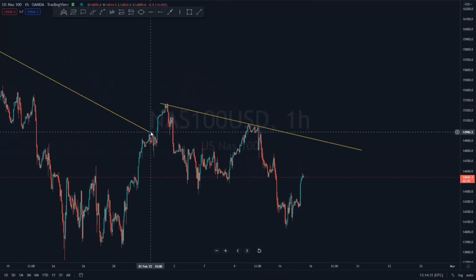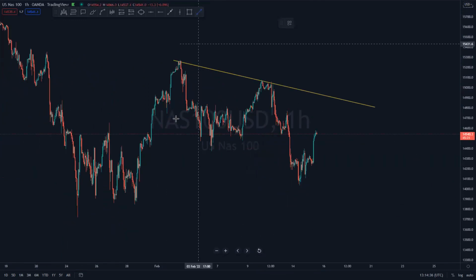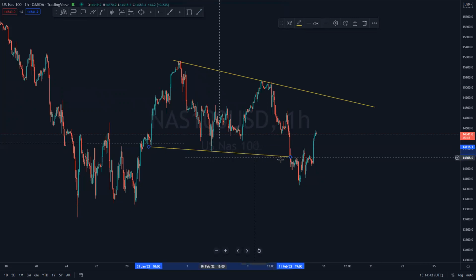In 1 hour, let me remove this one. At the first time, my trend line was here, and then this is the second, this is the third. So I was expecting the price to shoot to the upside.